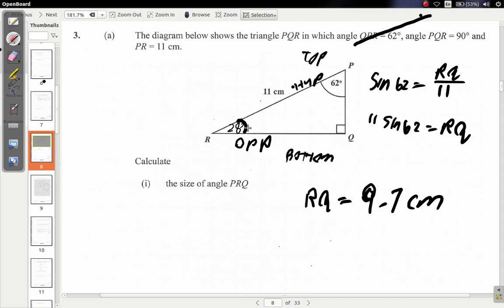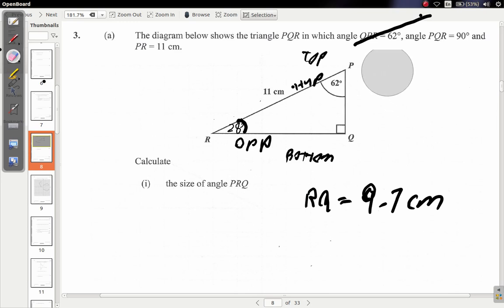Now, suppose you work with the 28 degrees. What would happen? If you rub out these things, these are the hypotenuse, always the hypotenuse.